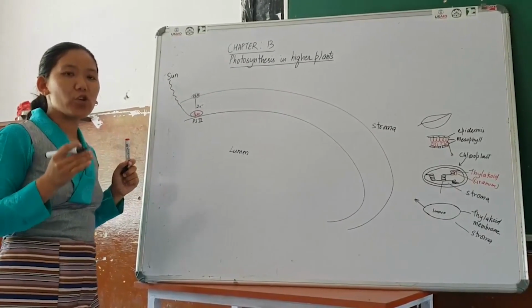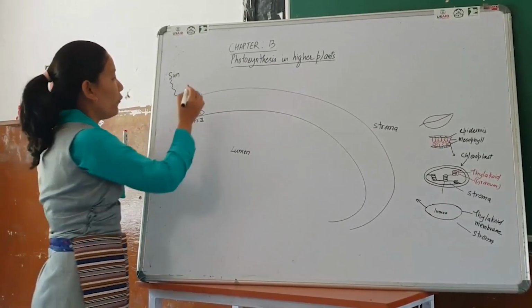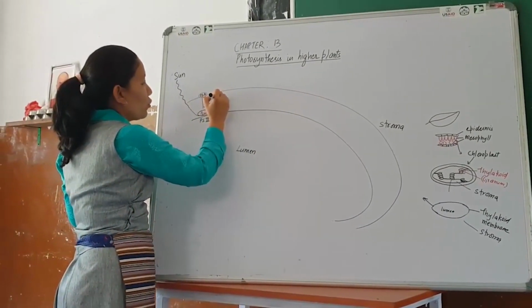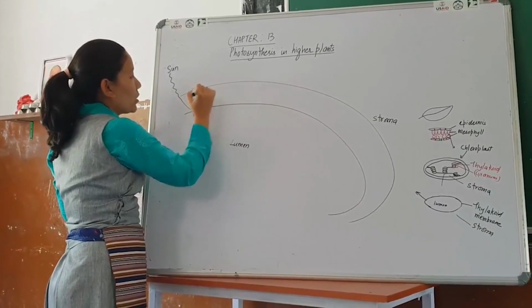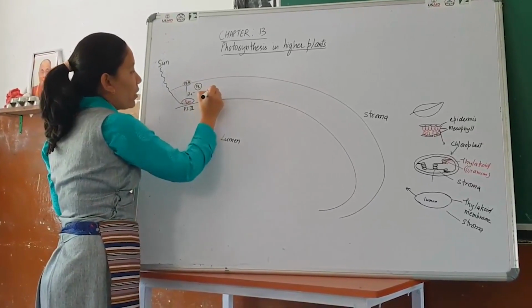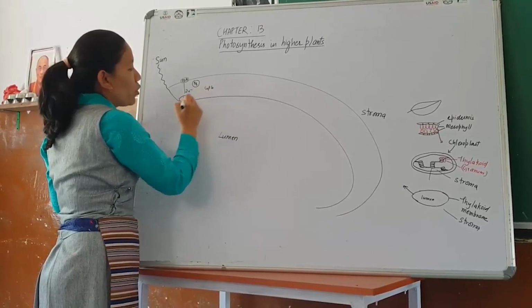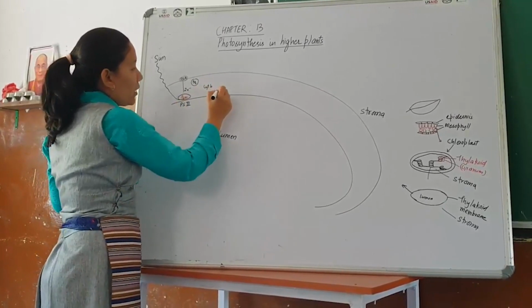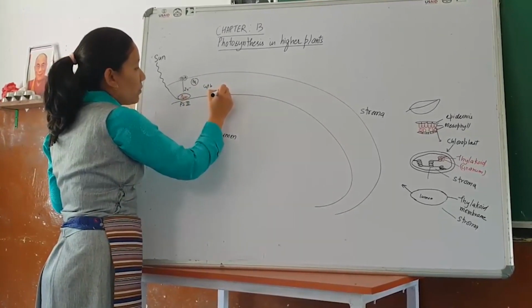In this electron transport chain, the first one is plastoquinone, and then we have the cytochrome b complex, and then there is plastocyanin.